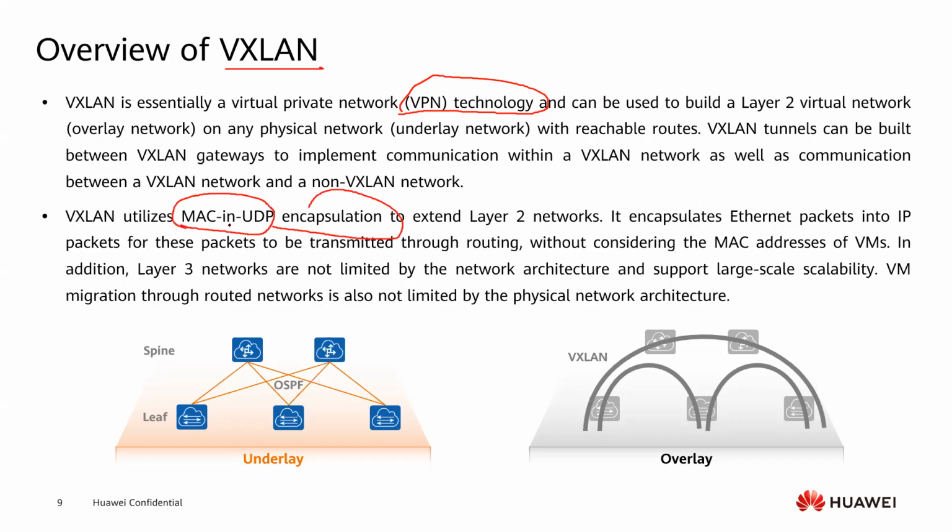What does it mean? It means we will encapsulate the original layer 2 frame into UDP, and then the UDP header will be encapsulated into the IP header. Now we can see it is just a traditional VPN encapsulation, right?